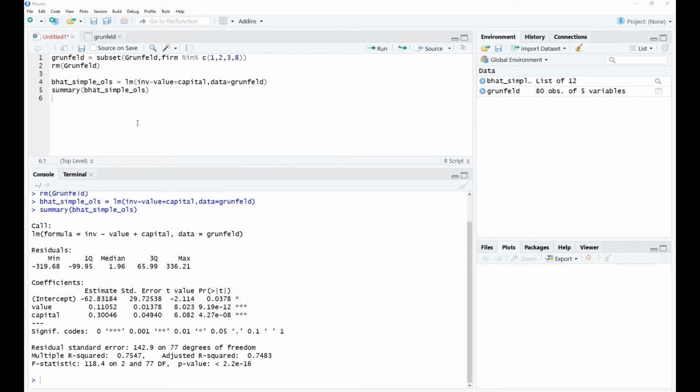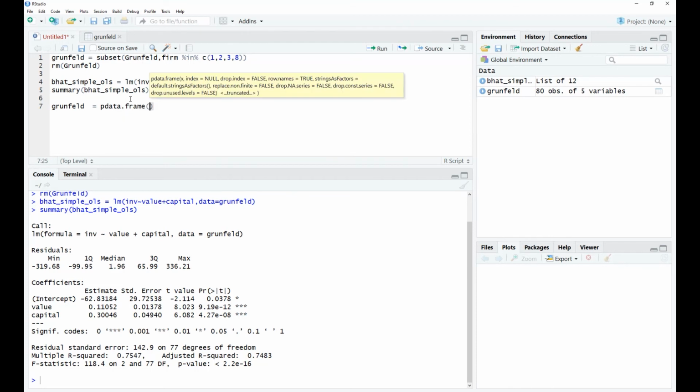To run a panel data model with R, we have to prepare the data to let R know that we are talking about panel data. To do this, we write Grunfeld equals pdata.frame. Note that this is associated with the package plm, which you should have installed and loaded before.